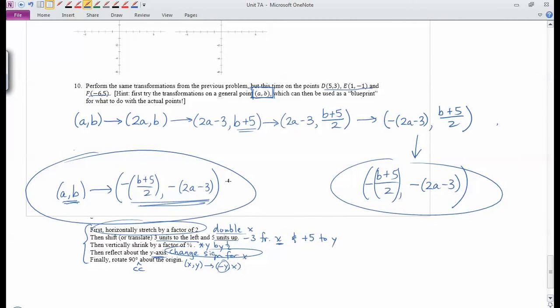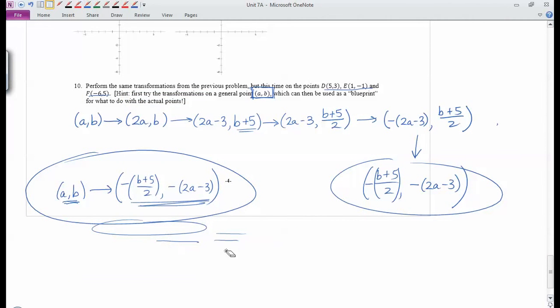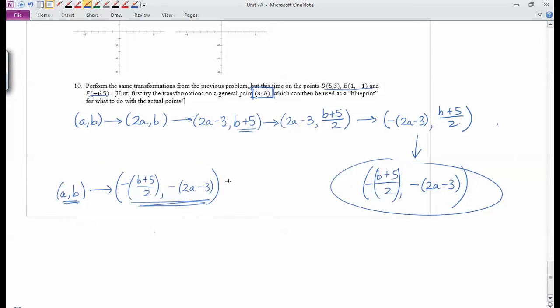So if I try this right here, let me get rid of this now. So cut. So if I try it with 3, negative 1, A is 3, B is negative 1, and then that's going to turn into negative b plus 5 over 2, so negative 1 plus 5 over 2, comma, negative, and then 2a minus 3 is 2 times 3 minus 3.